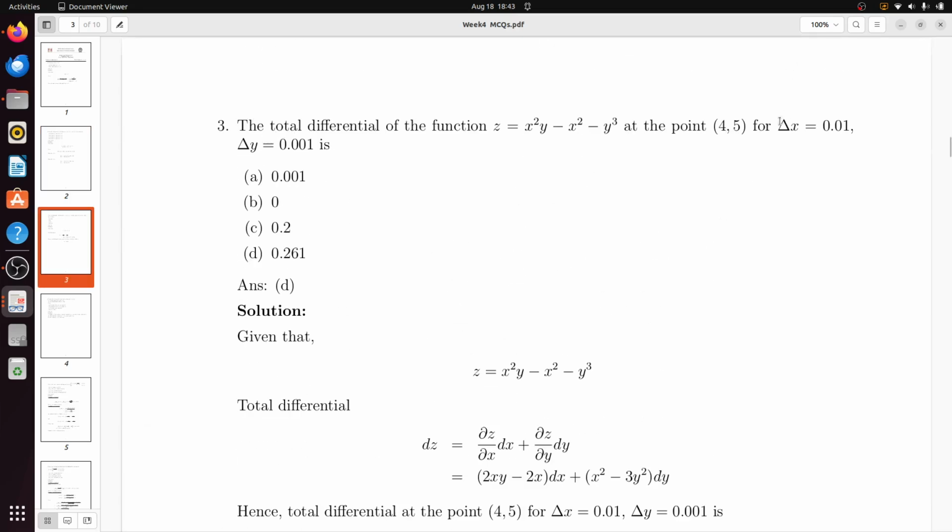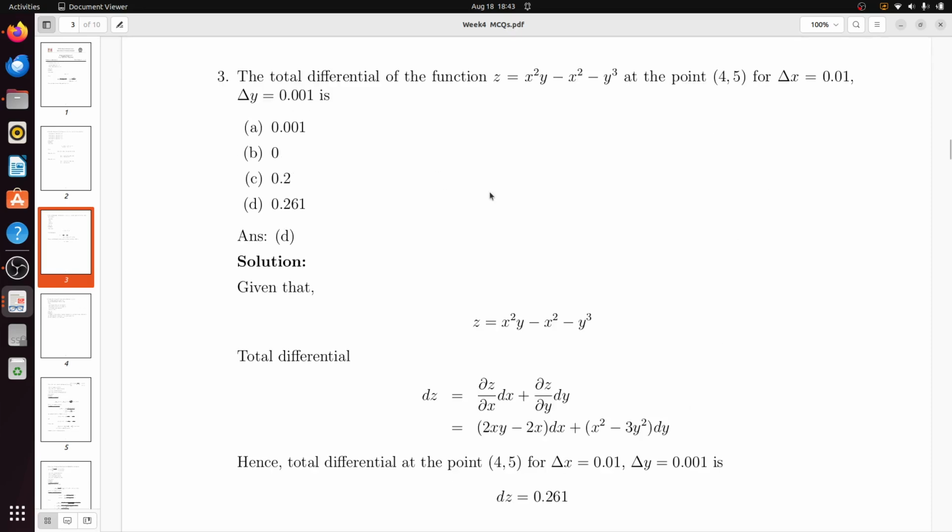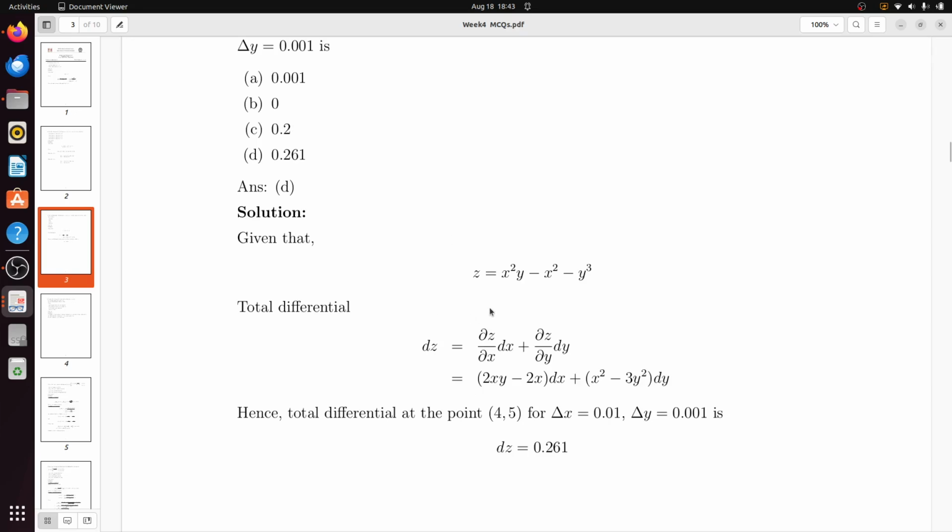This delta y, if you put dx here, this should be dy. Okay, so z equal to x square y minus x square minus y cube. So the total differential will be dz equal to dou z dou x into dx plus dou z dou y into dy. So how to determine the first partial derivatives?